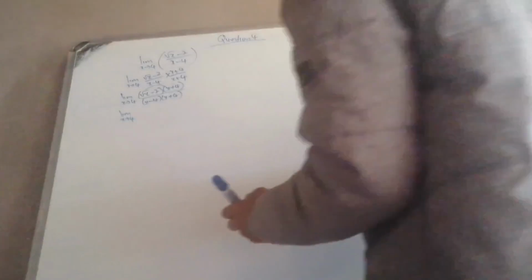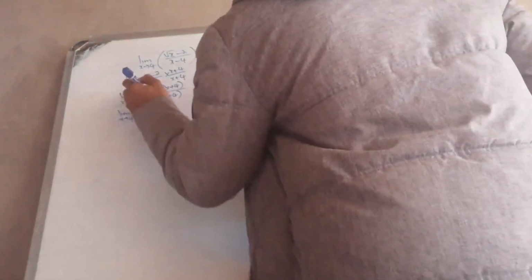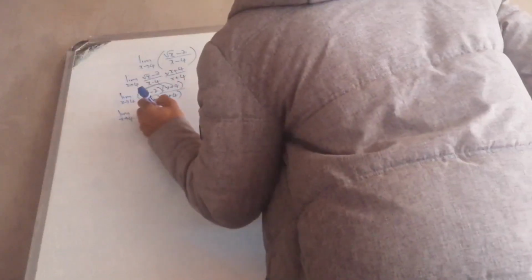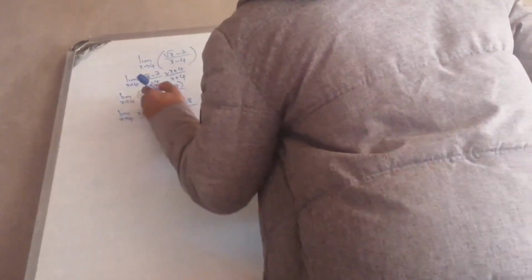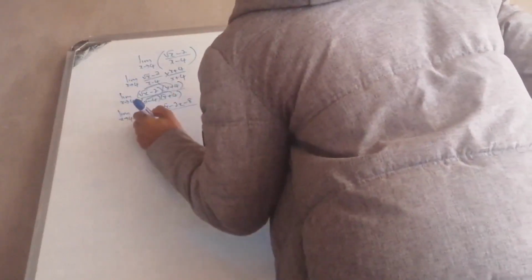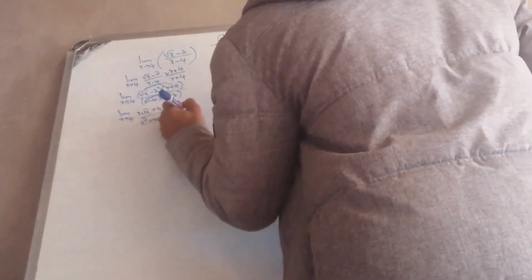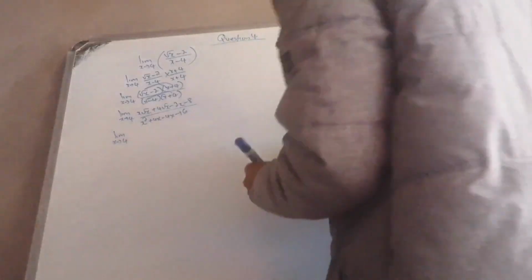We can multiply there and we will find x root x plus 4 root x minus 2x minus 8, divided by x squared plus 4x minus 4x minus 16. This is what we can have, and we take the limit as x approaches 4.